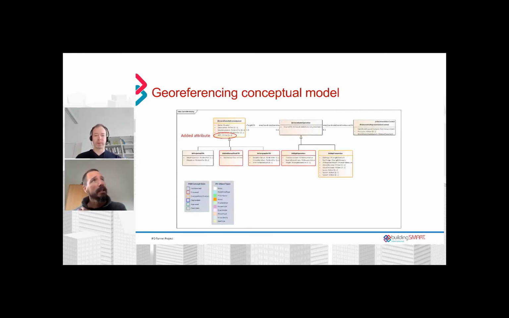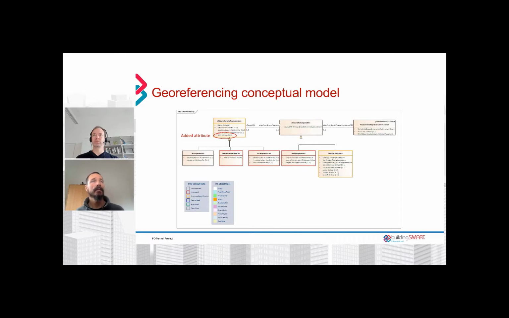here we can see the conceptual model and how it fits into the existing schema. You can see that both coordinate reference system and map conversion are supposed to be modified, meaning in the coordinate reference system we would either add this well-known text attribute that I just spoke about, and in map conversion the scale attributes would be removed if we added this attribute.